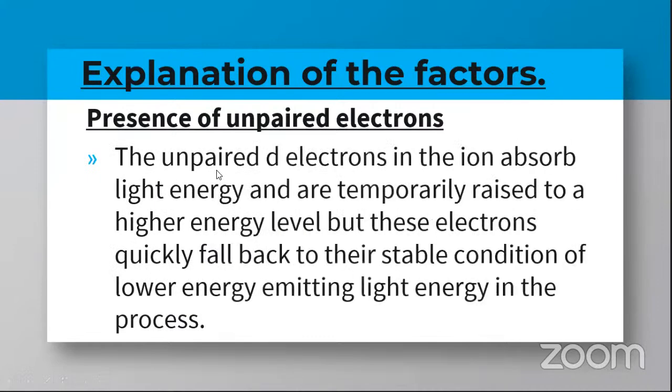So we say that the unpaired d electrons, remember we said that we deal with the d subshell, in the ion absorb light energy and are temporarily raised to a higher energy level, but these electrons quickly fall back to their stable condition of the lower energy, emitting light energy in the process.